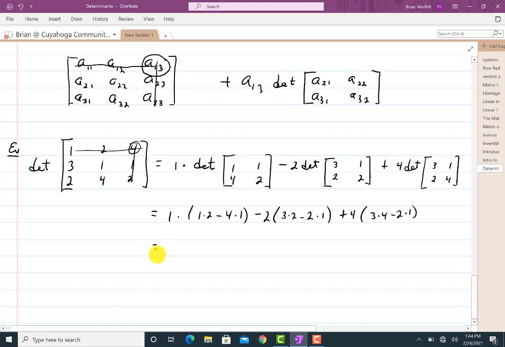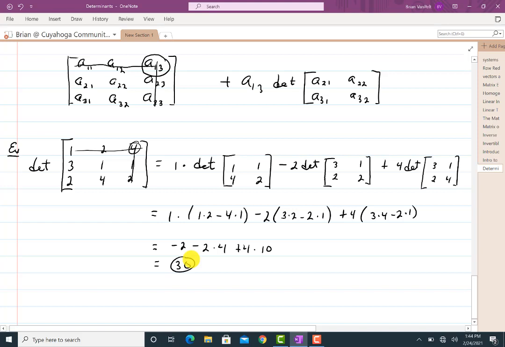And what all do we get? I'll get 2 minus 4, so I'll get negative 2 there. And here I'll get 6 minus 2 times 4. I'll get plus 4 times 12 minus 2, which is 10. So it looks like I get negative 10 plus 40, which is 30. And that's how you do the determinants.